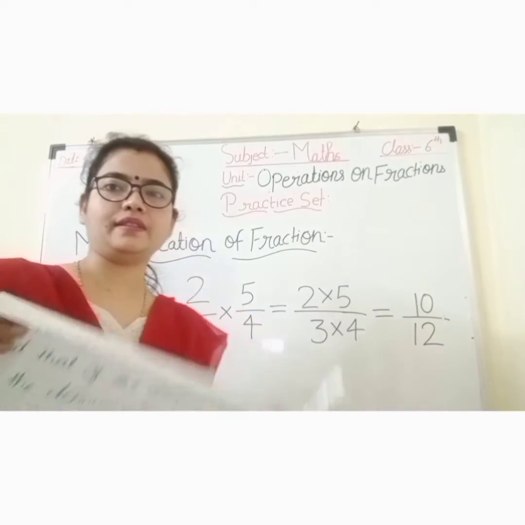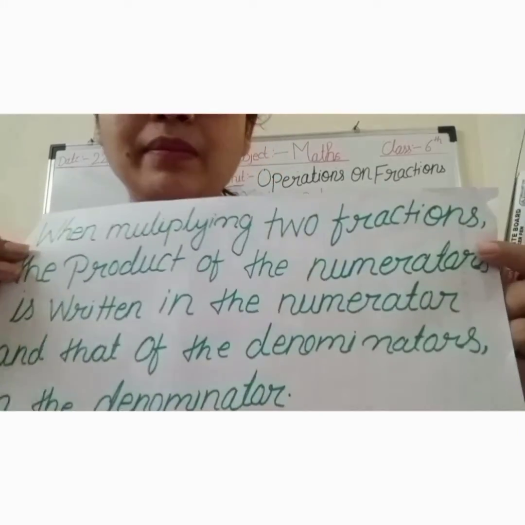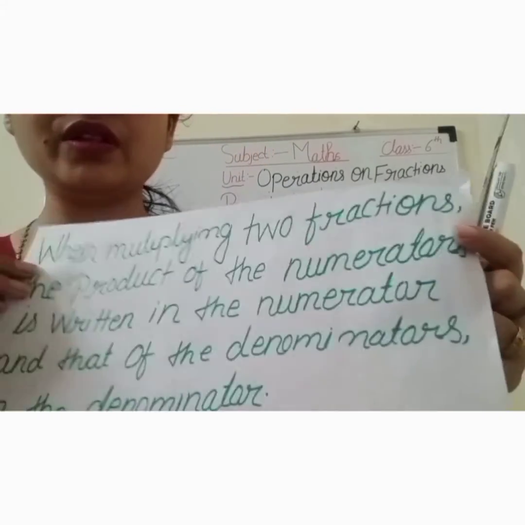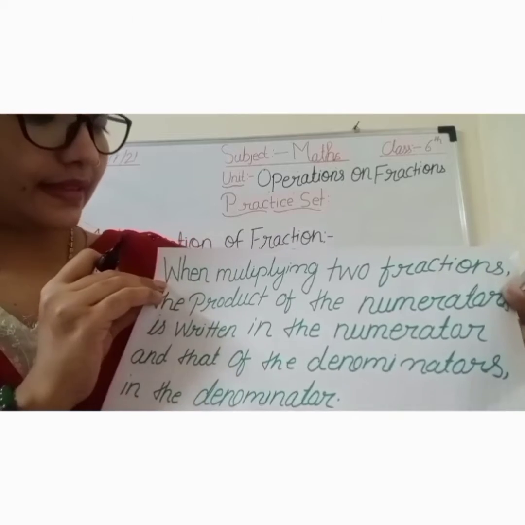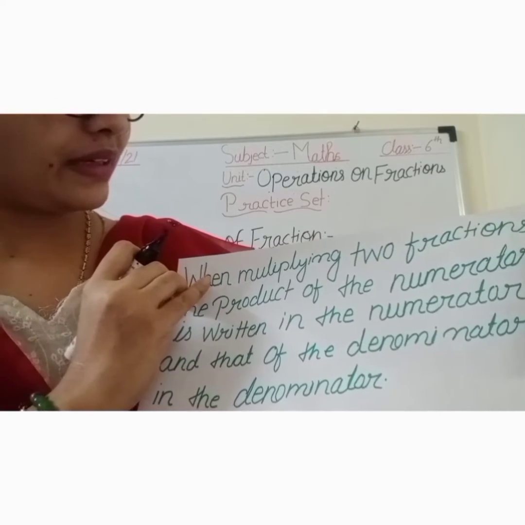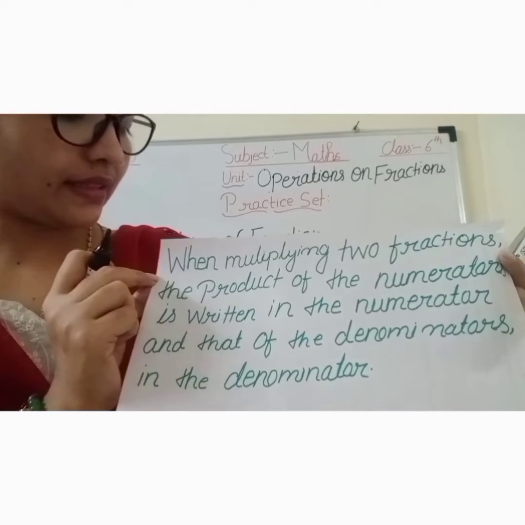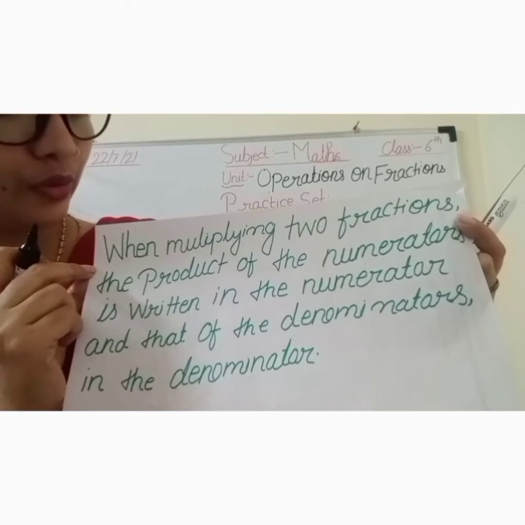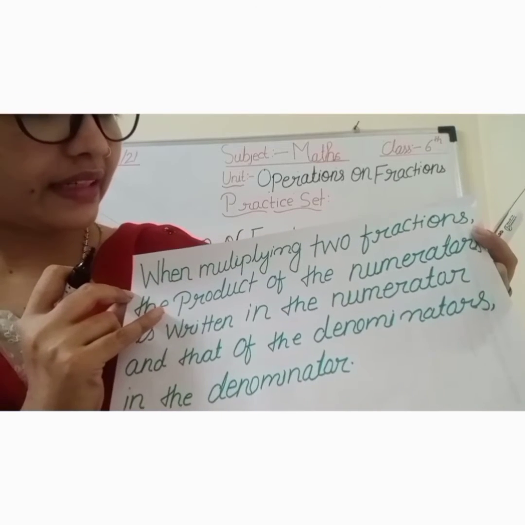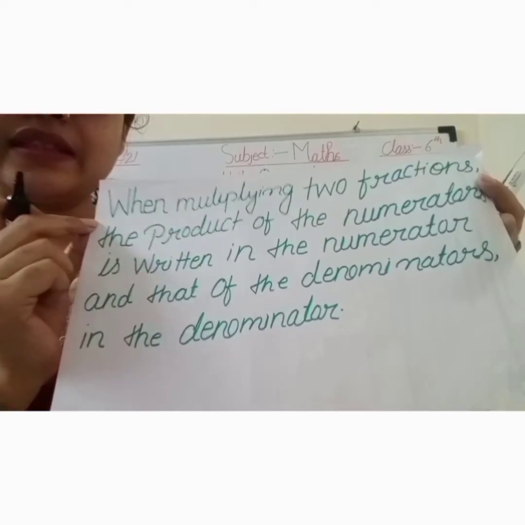See here student, you can read here: when multiplying two fractions, the product of the numerator is written in the numerator and the product of the denominator is written in the denominator.